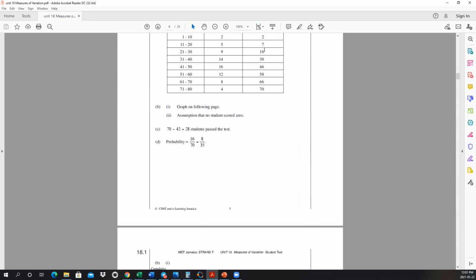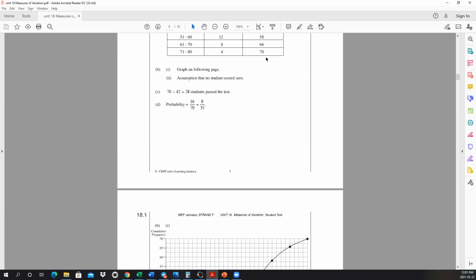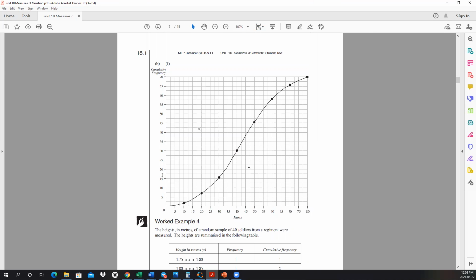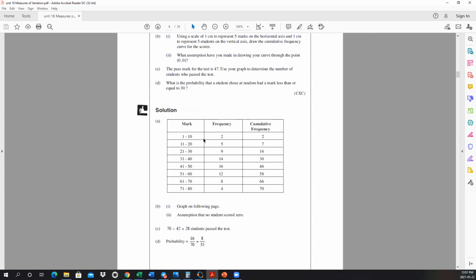And you continue at 16. So at the 30 mark, you get 16 students. And it goes on and on. And you're supposed to get this nice curve. So notice it is the mark at the right endpoint that matches up with the cumulative points. So the right endpoint would represent your x-coordinate points. Then these will represent your y-coordinate points. All right.